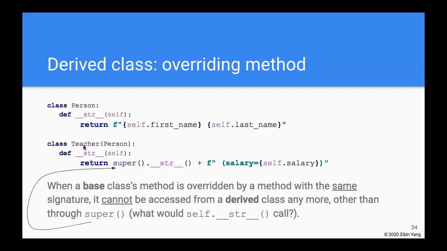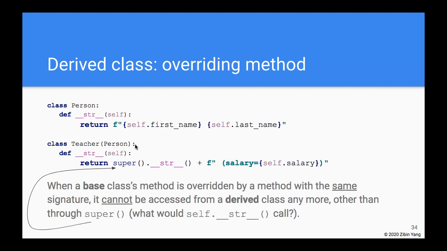So in the derived class, in this case the teacher class, we are defining a Dunder string method which overrides the base class person class's Dunder string method. Inside this class, the only way to call the base class's method that we are overriding is by using the super parentheses dot syntax.